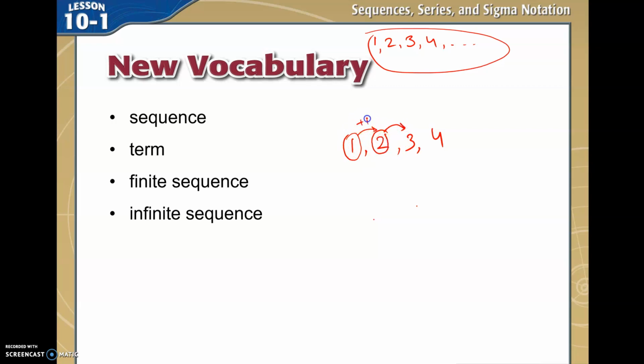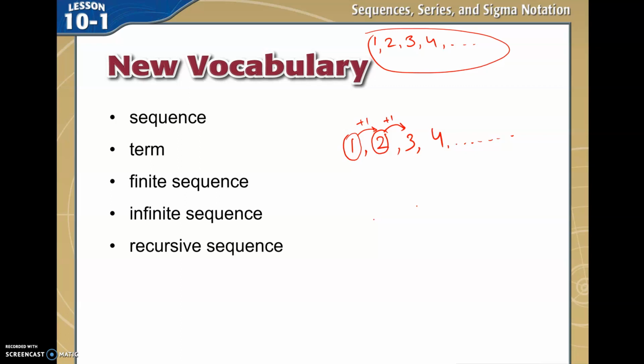So you are adding +1 and +1, and this is a finite sequence. And what is an infinite sequence? When you put dots, the dots mean the sequence keeps going on, it's not stopping anywhere. Clear? So we understood four vocabulary words.